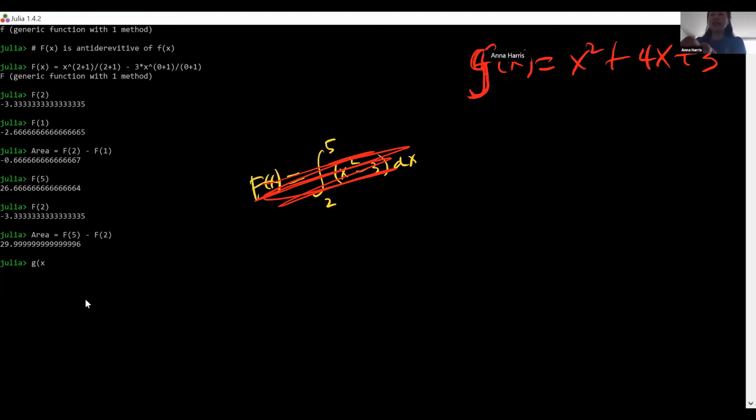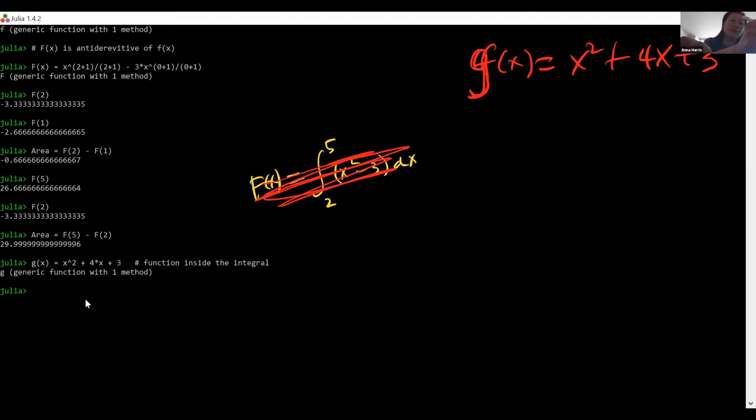So g of x is equal to x squared plus 4 times x plus 3. So that is a function inside the integral.